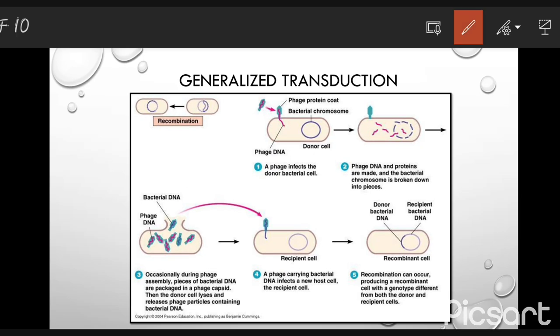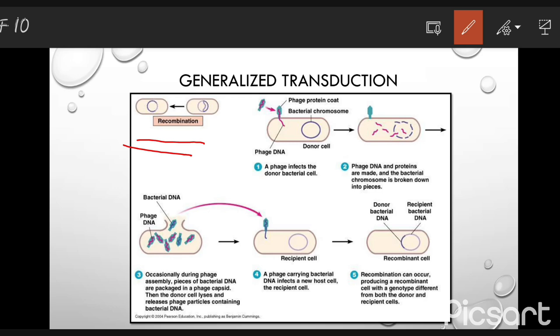As we know, generalized transduction is carried out by lytic bacteriophages, and this gene transfer method mainly involves the recombination process. Recombination means joining and attachment of donor DNA and recipient DNA, right? So let's see step by step how generalized transduction is carried out.